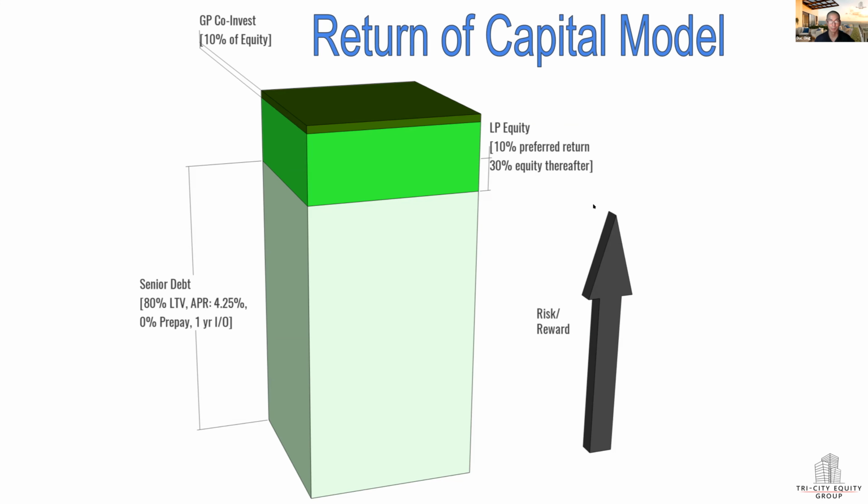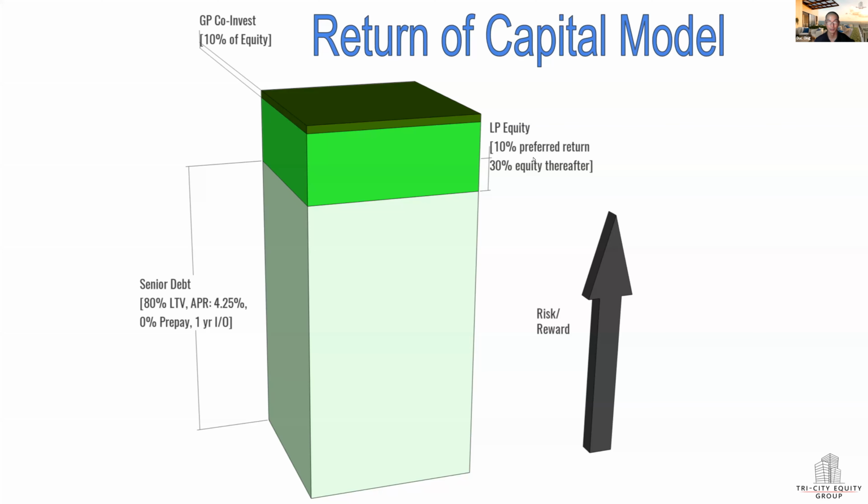All right, so in this example, we have say 80% senior debt, and then the rest is equity. In this case, it's a single class, so there's no A1 or A2, it's just one class. The terms would be a 10% preferred return, similar to the A1 in the traditional syndication model. But the focus is to return the capital at refinance to the LPs.